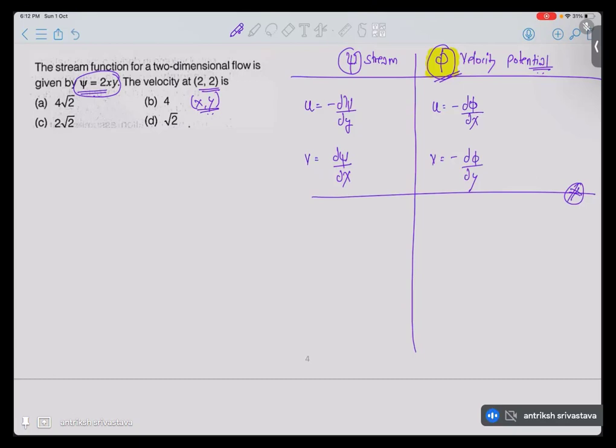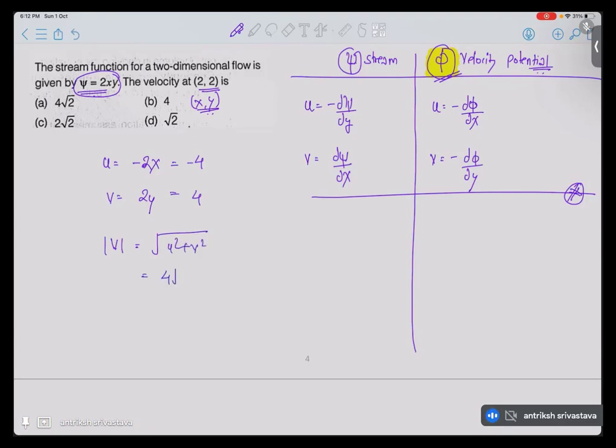So if we look at this question, u is going to be minus 2x, and v is going to be 2y. Is everyone getting this? Okay, good. Then u will be minus 4 and v will be 4. So the resultant velocity, which is nothing but the magnitude of the velocity, is going to be root under u square plus v square.